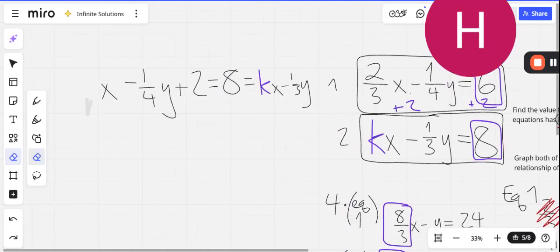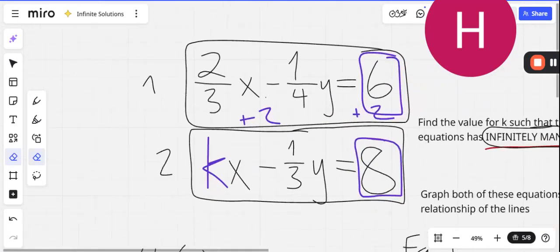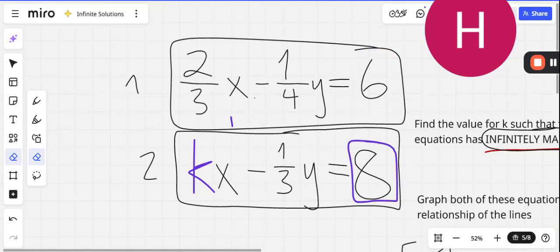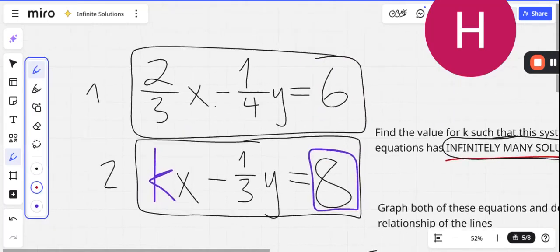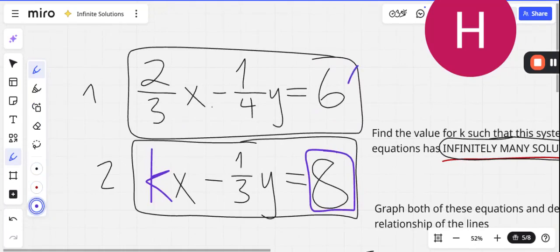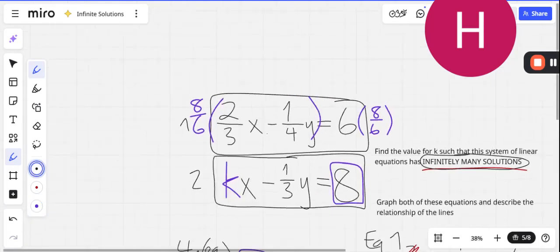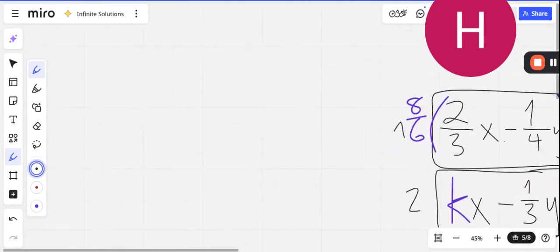Let's see, the other method that I talked about, which will actually work, is if we were to multiply both sides of the equation by 8/6, and we wouldn't have to do anything to the second equation. So we'd be multiplying this side by 8/6, multiplying this side by 8/6. So I would have, let's see, cancel this 2 with a 3.